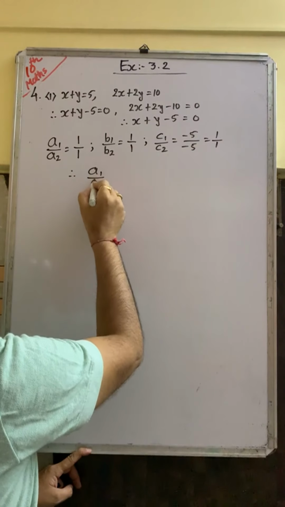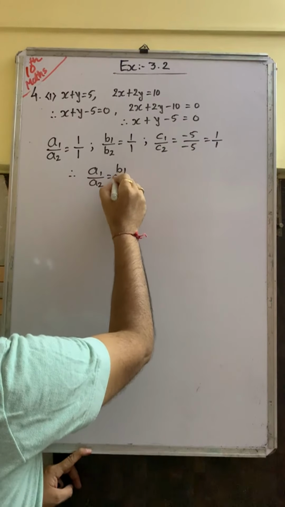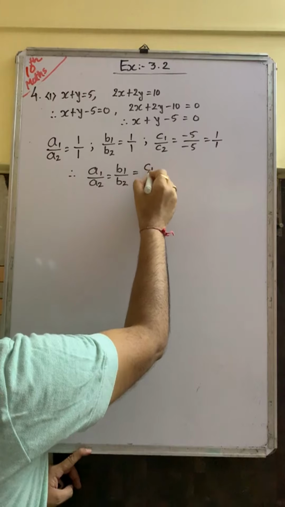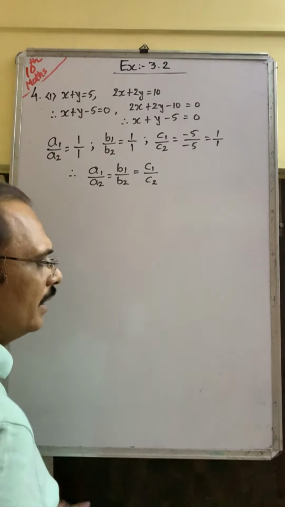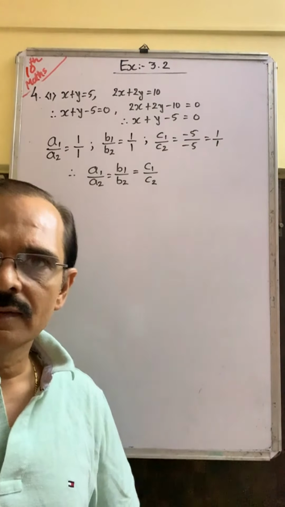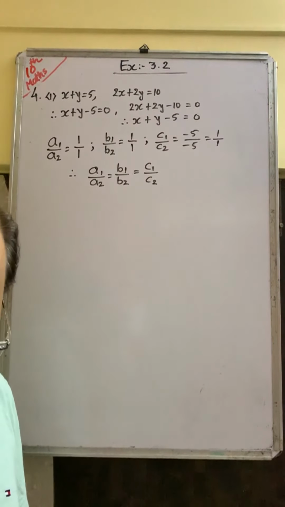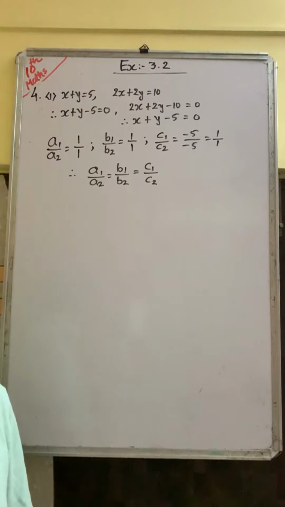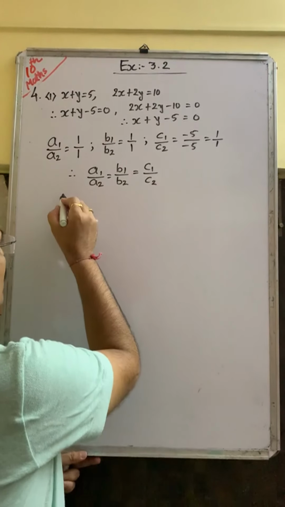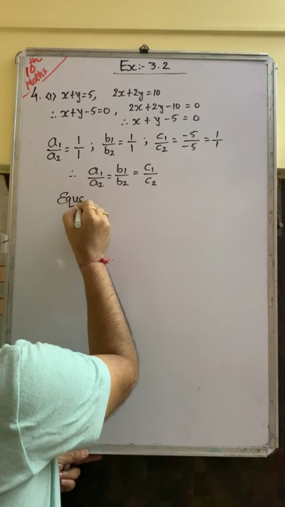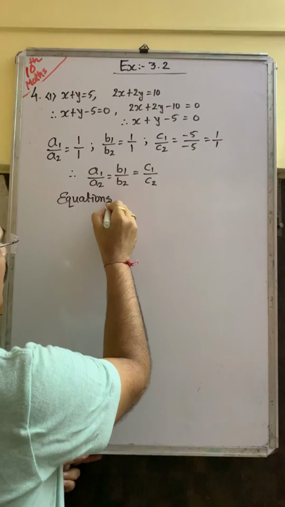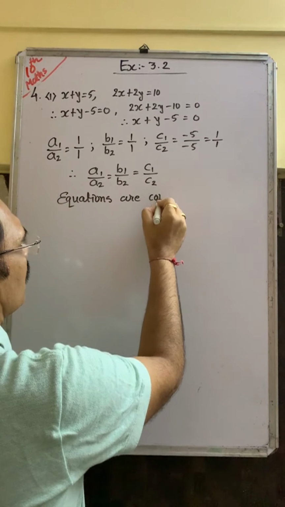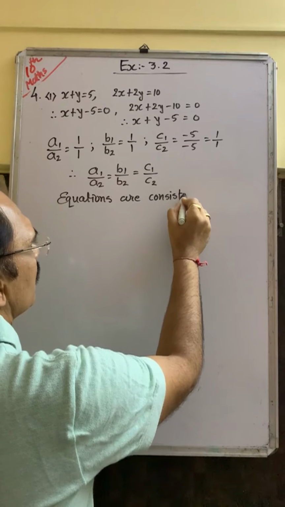So you can write a1 upon a2 equals to b1 upon b2 equals to c1 upon c2. All these three ratios are same. If these three ratios are same, then you can write that the linear equations are consistent.